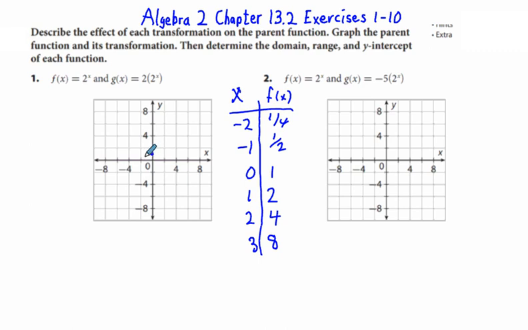As we go to the left, we have -1, 1/2, and -2, 1/4. And so we're looking like this. We have an input of 1 with an output of 2, an input of 2 and an output of 4, and an input of 3 with an output of 8. And so the graph is what this looks like.